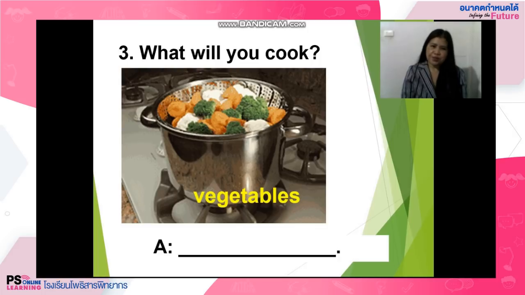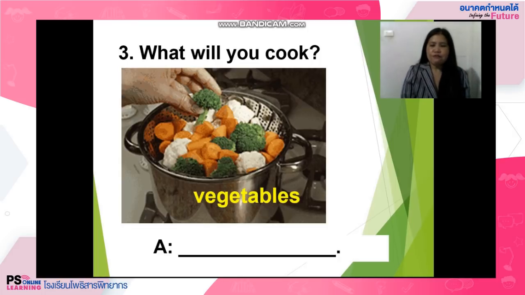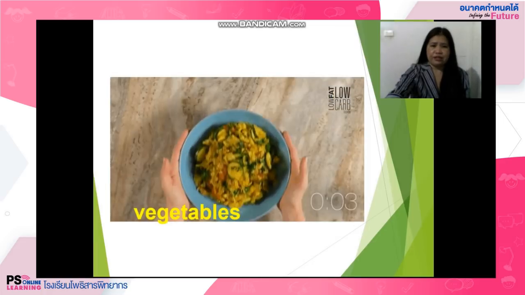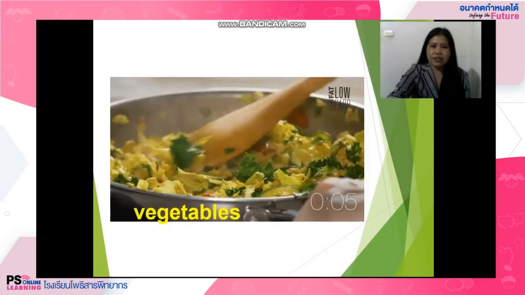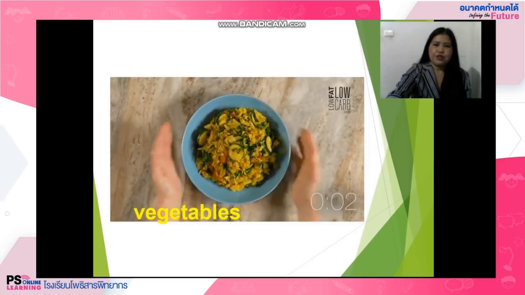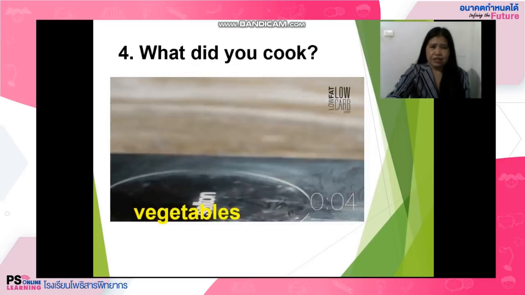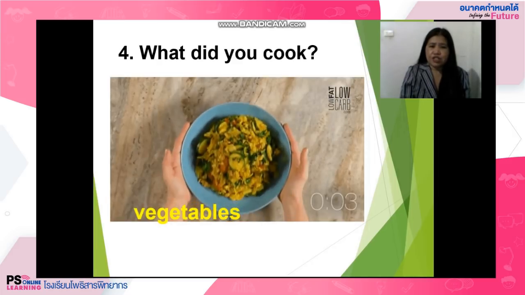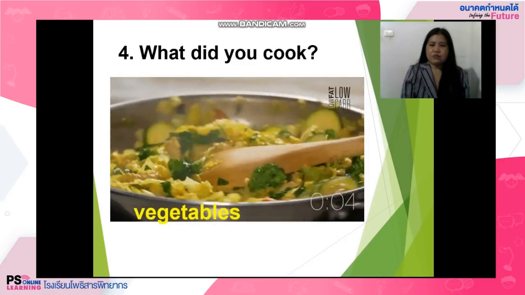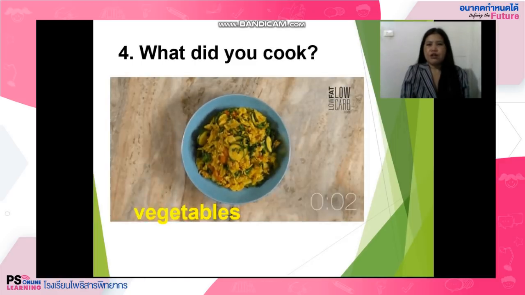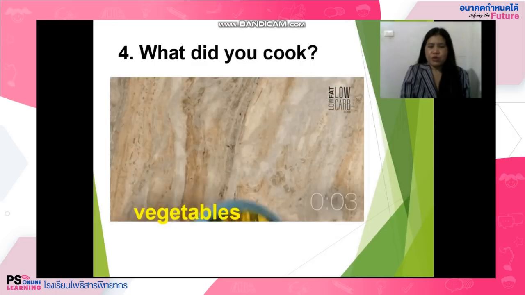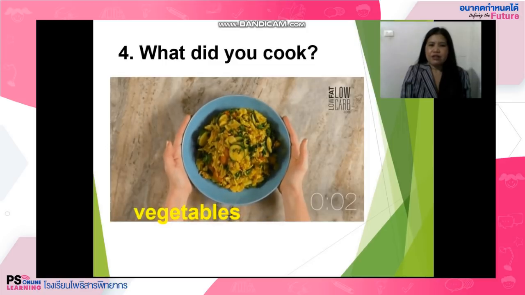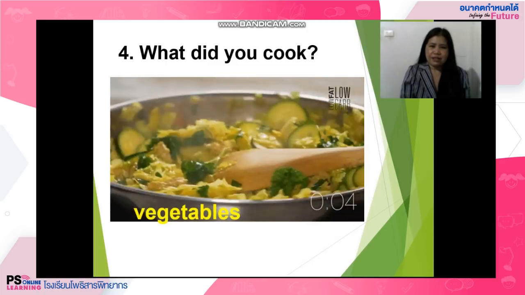Okay, finished? Next, number 4. For number 4, vegetables again. Okay, but this time it's a different dish, a different way of cooking. So here the question is, what did you cook? Because it's already finished. Okay, so it's past tense. Remember how to answer a question using past tense.